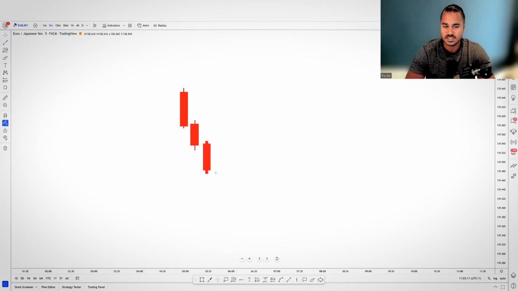Now, once we start to see the size of the candles getting smaller and smaller, that is an indication to us that the volume and or momentum in the market is starting to deplete. Now, that doesn't necessarily mean that the market is going to reverse. That doesn't necessarily mean that the market is not going to continue pushing down. And that doesn't mean you should get stuck on the idea that you shouldn't continue to sell and now start looking for buyers. But what we're looking for as a trader is for a shift in that momentum.